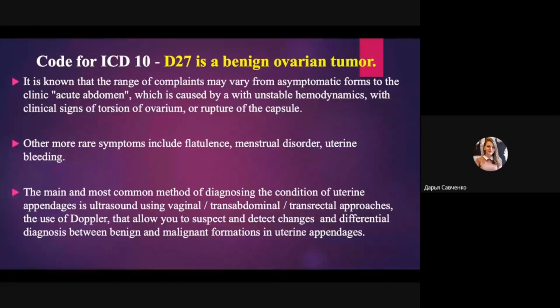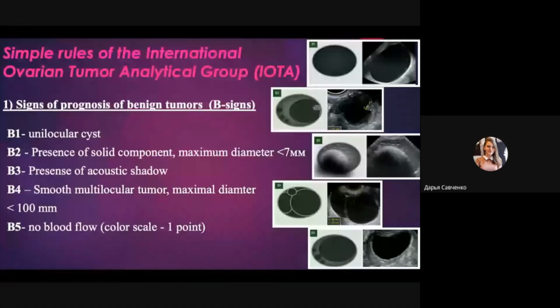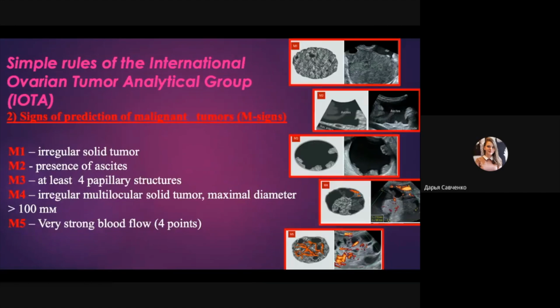It's known that the range of complaints may vary from asymptomatic forms to clinical. Simple rules of the International Ovarian Tumor Analysis group, IOTA, help in the prognosis of benign tumors: unilocular cyst, presence of solid component, presence of acoustic shadow, small multilocular tumor, and no blood flow.